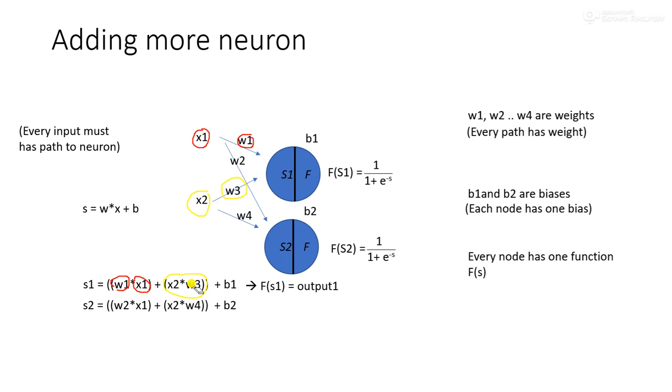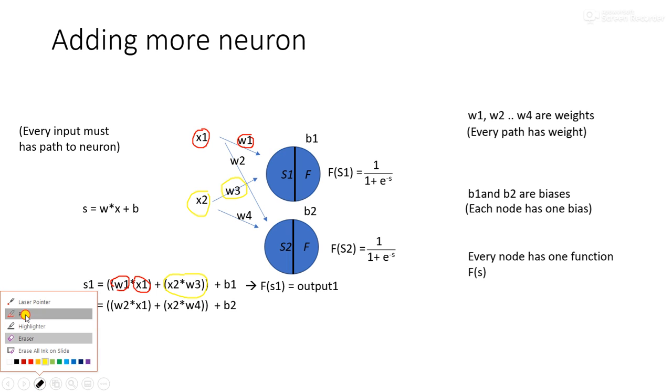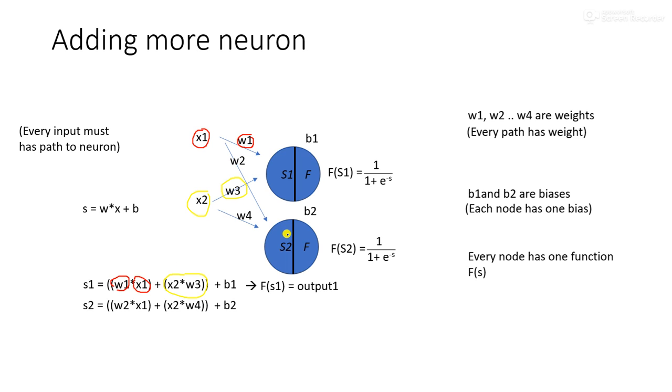Apply the same like the above one. Now for the second one, you got S2. You have x1 and W1, you multiply, and then x2 and W4, you multiply, and then you add up, plus B, will equal S2.